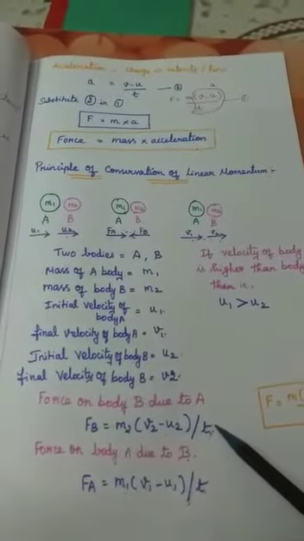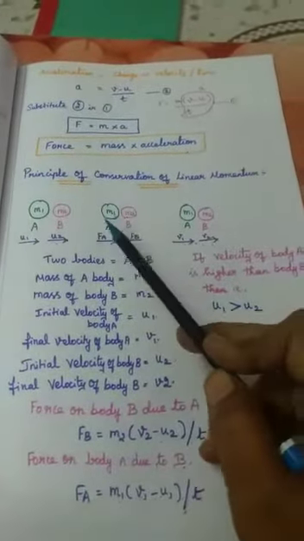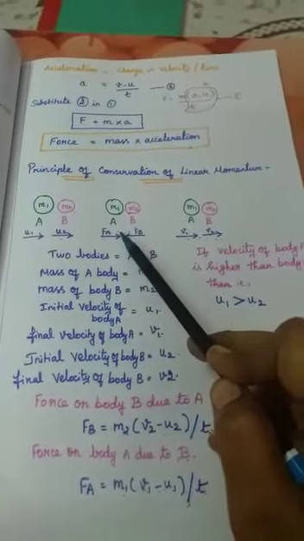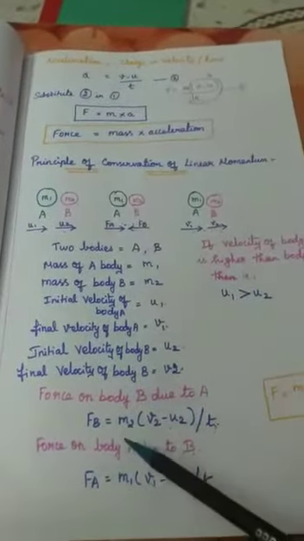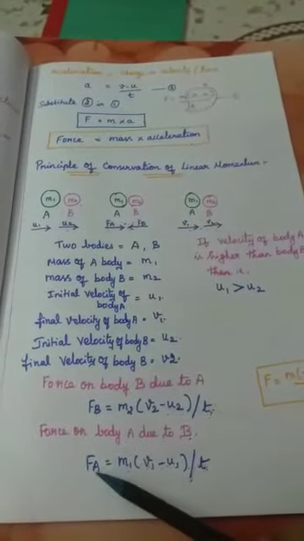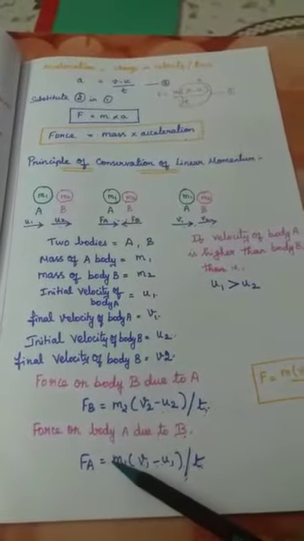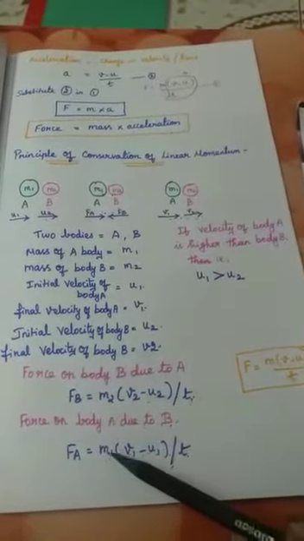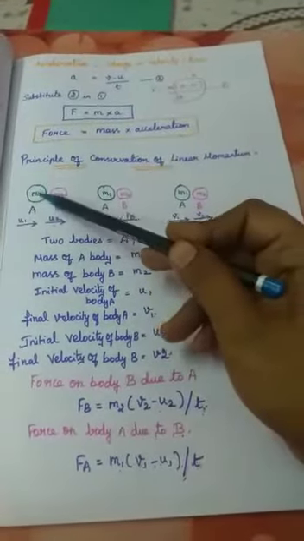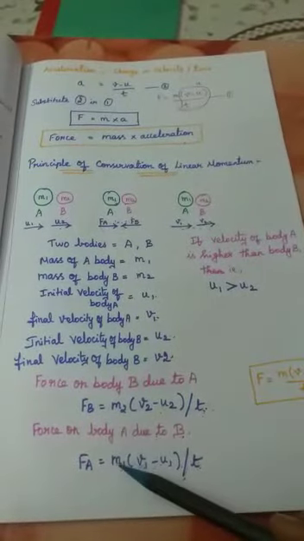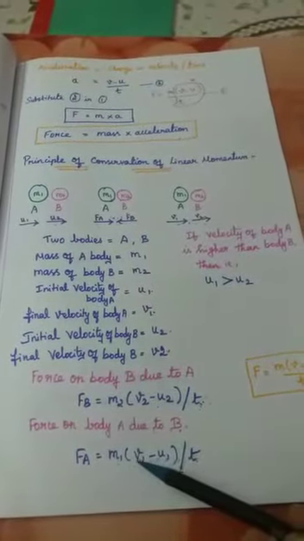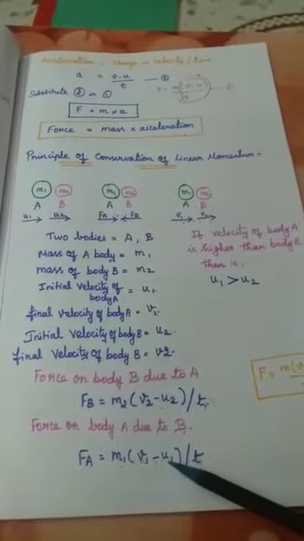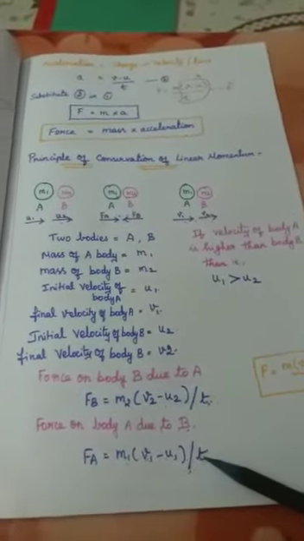And if body B collides with body A, it creates a force on body A. Now the equation of force on body A, F of A, is equal to mass into change in velocity per time, that is, the mass of body A is m1. So we substitute m1 into the change in velocity, final minus initial of body A, v1 minus u1, per time interval t.